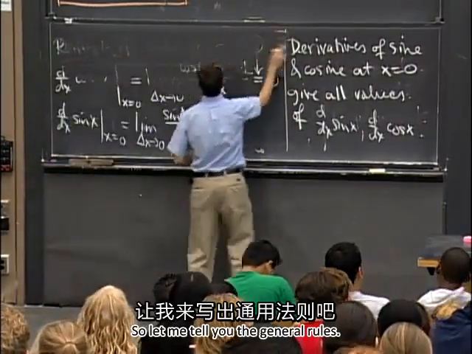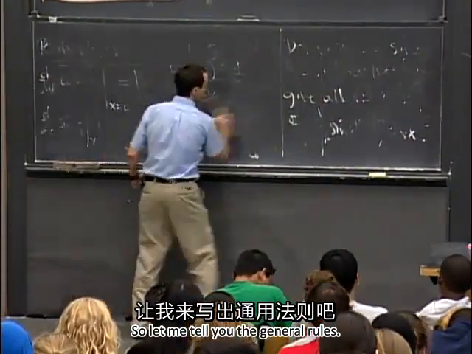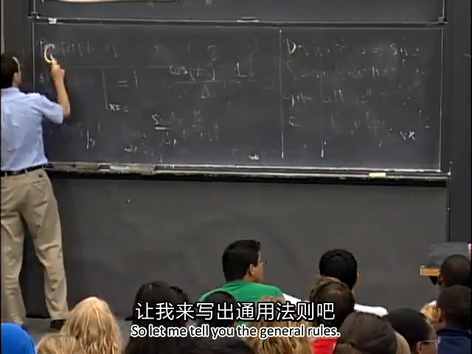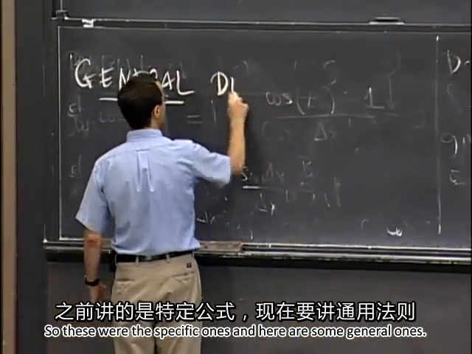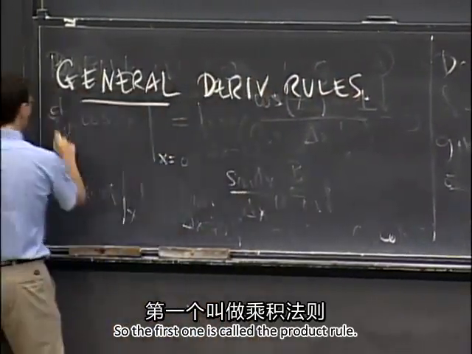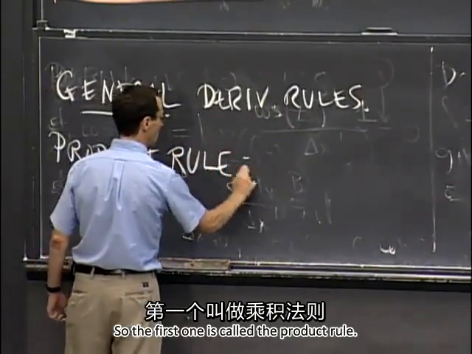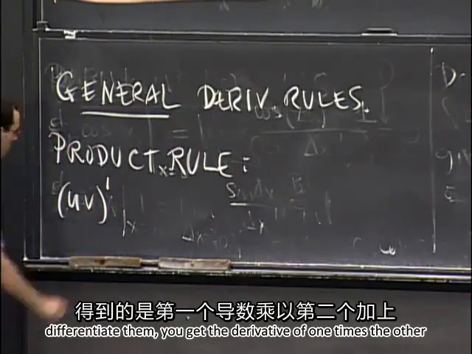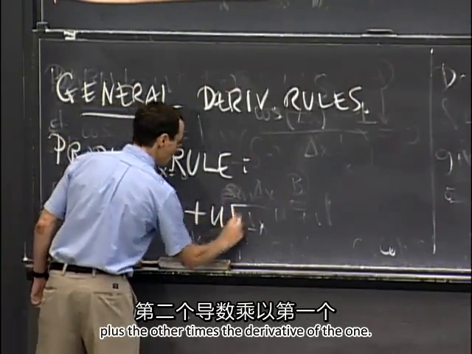So let me tell you the general rules. These were the specific ones, and here are some general ones. The first one is called the product rule. And what it says is that if you take the product of two functions and differentiate them, you get the derivative of one times the other plus the other times the derivative of the one.